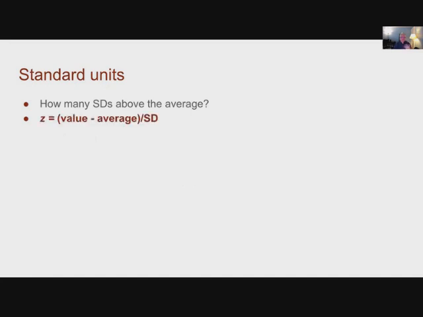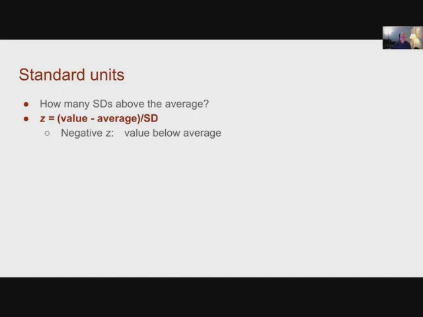To calculate that, we take our data, and we'll have the average of our data. We take the value minus the average, and divide it by the standard deviation. The way I look at it, it's just normalizing the data across the standard deviation. The same thing holds true as when we were talking about variation.